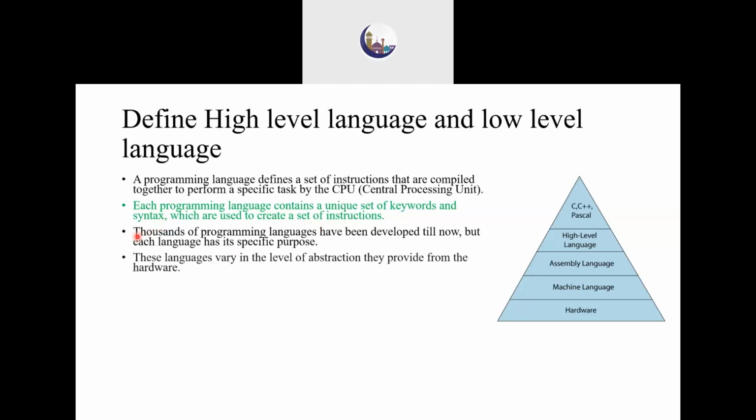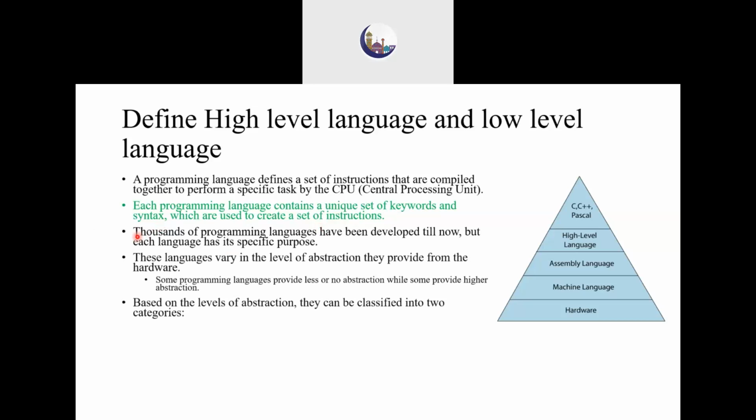Now, as you know, there are thousands of languages available. Some of the languages are written for direct ones and zeros, which are very difficult for us to understand and write. Some programming languages are written for assembly level. Some have been written for high level languages, such as C, C++, Pascal, Fortran, and Java.